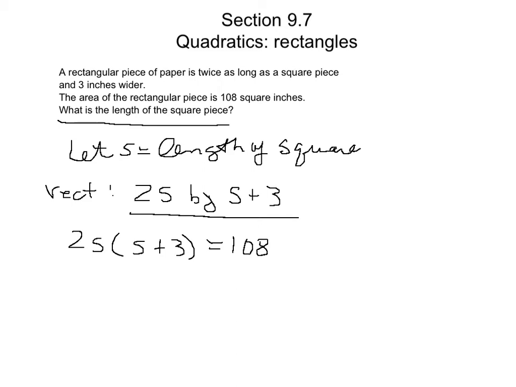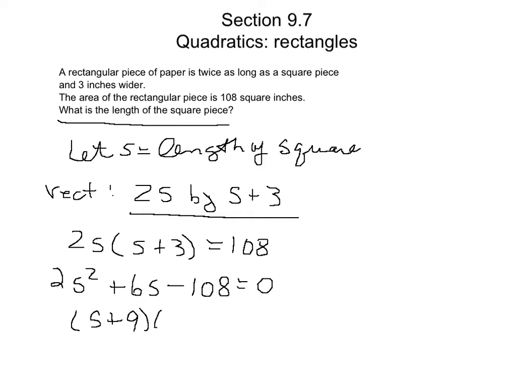So if I multiply that out and simplify it, I get 2S squared plus 6S minus 108 is equal to 0. And if I divide by 2 and factor, I'm going to get S plus 9 times S minus 6 is equal to 0.